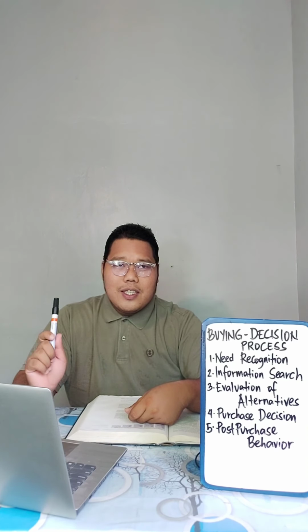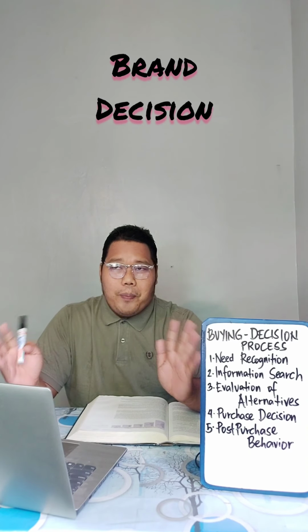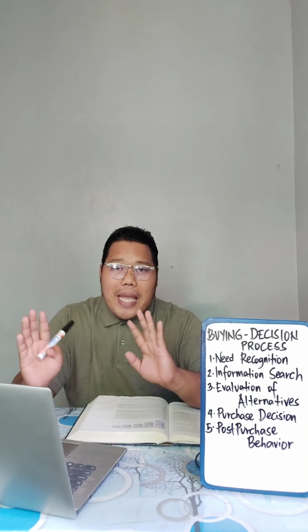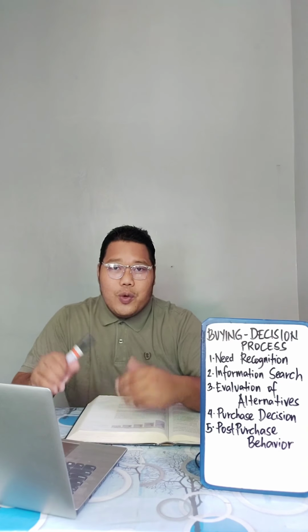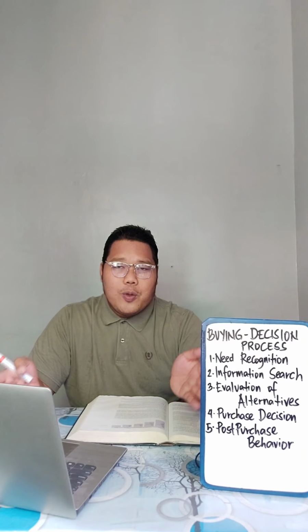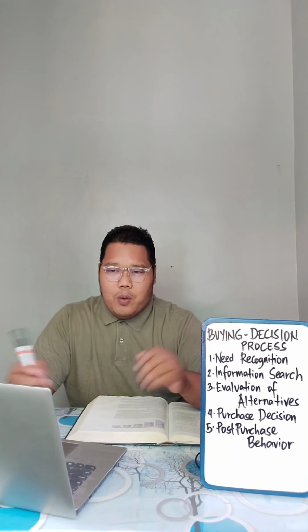The first one is the brand decision, of course. What brand do you like to purchase? That is based on your alternative evaluation. You are now ready to choose what particular brand you want to purchase based on your information search and evaluation.